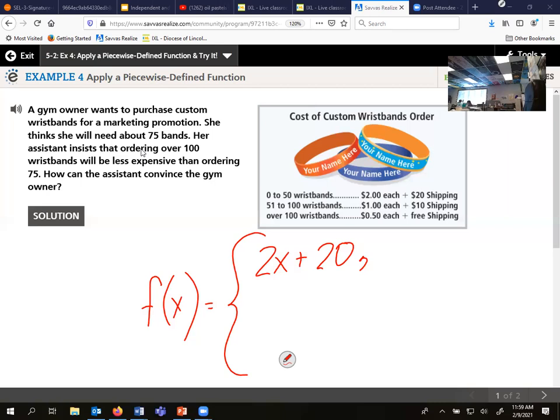Okay, how would I show this in equation form? How would I show $2 each plus $20 shipping?